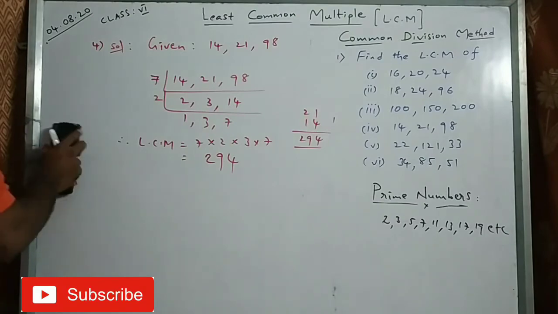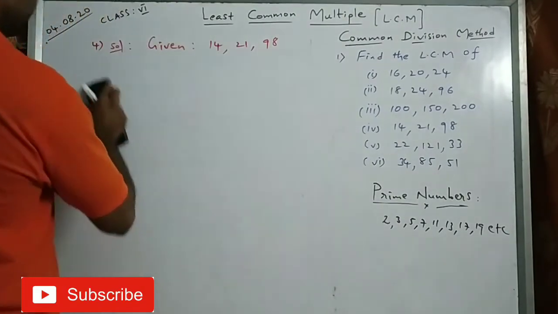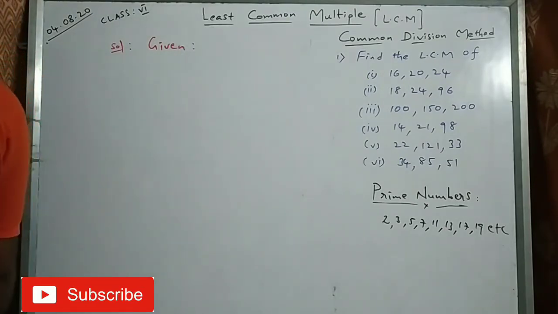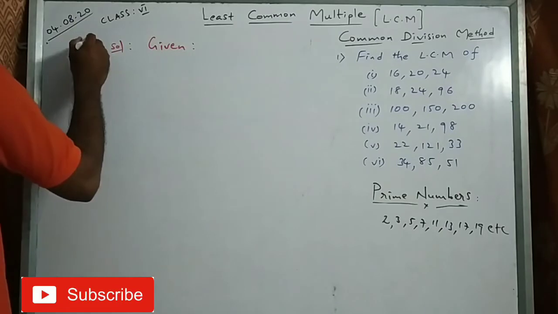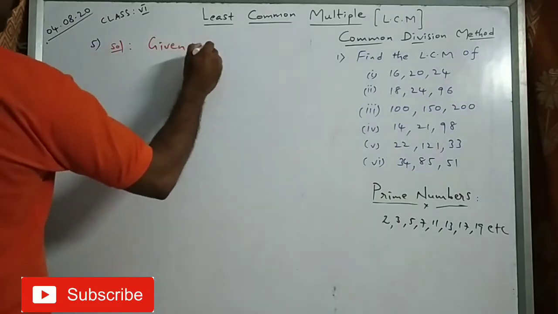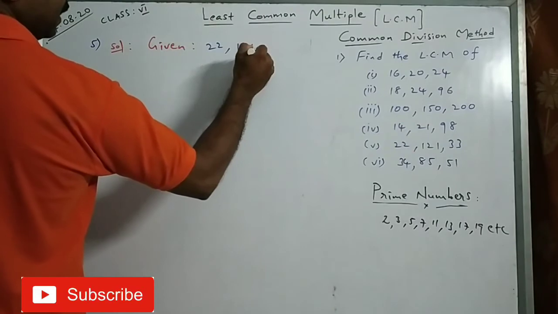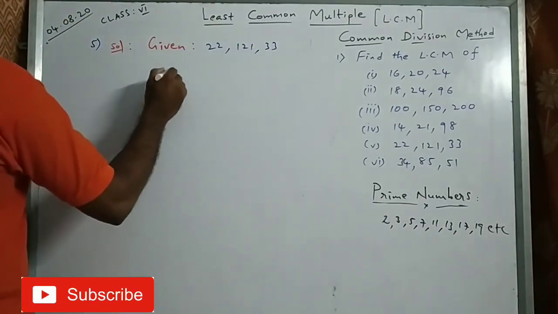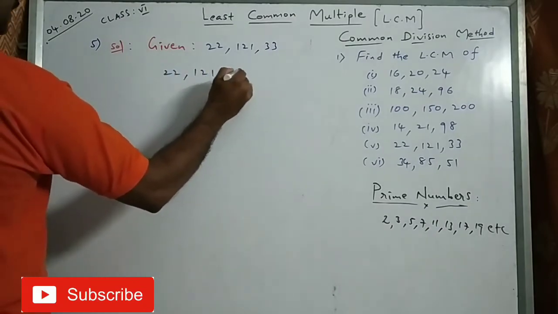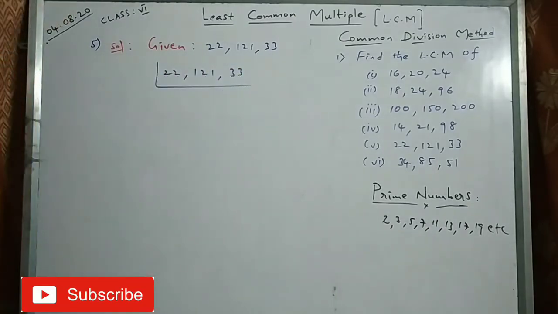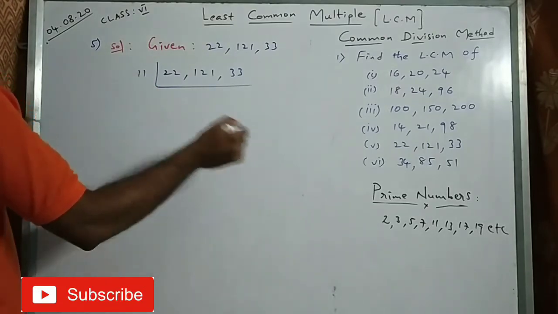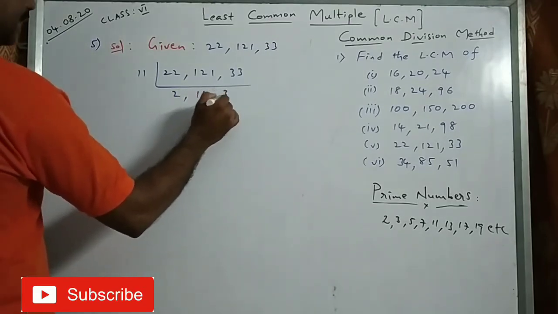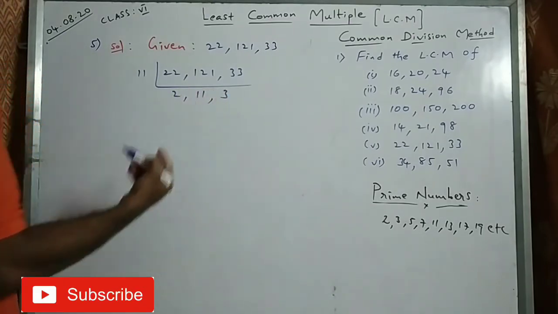Okay? Fifth problem. Fifth one, see. 22, 121, 33. Now which number would you like to see? 11 is a prime number. 11 2s are 22, 11 11s are 121, 11 3s are 33. 2, 3, 11 are already prime numbers.